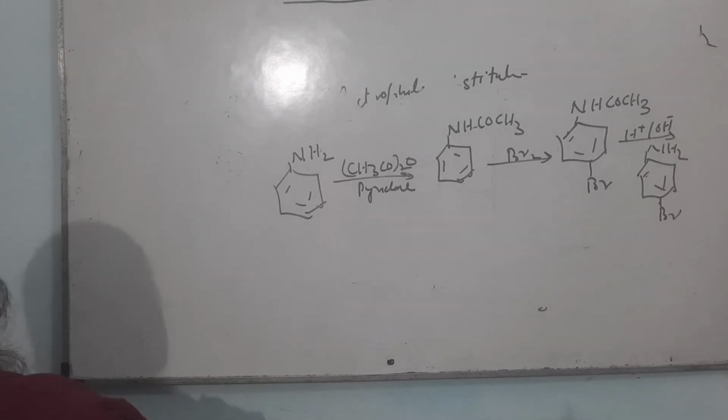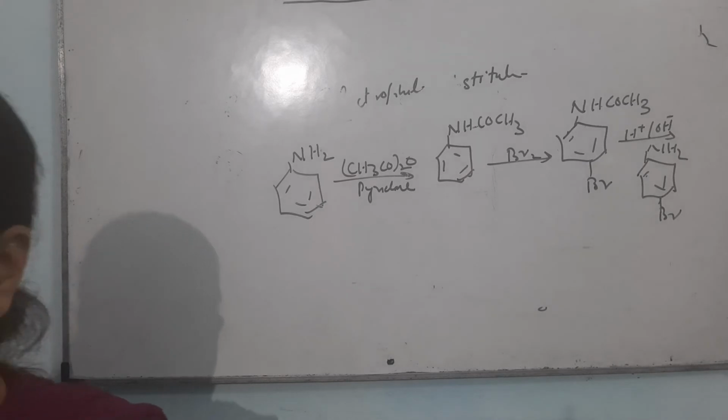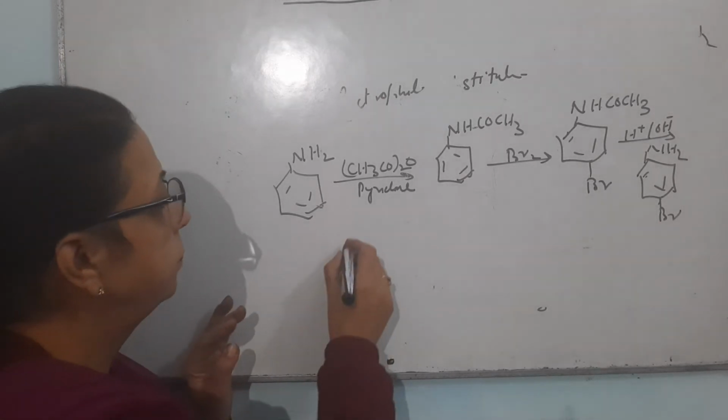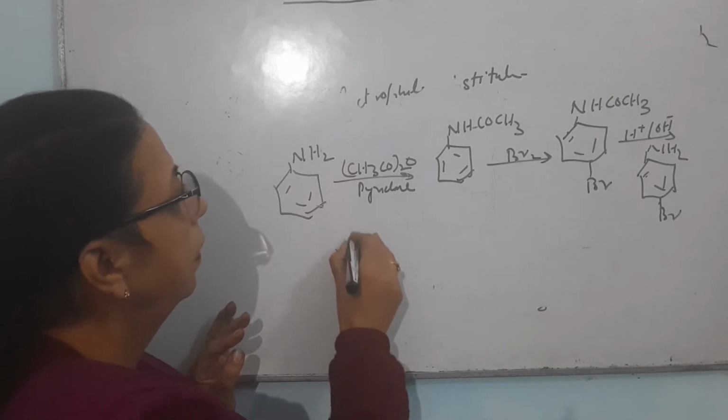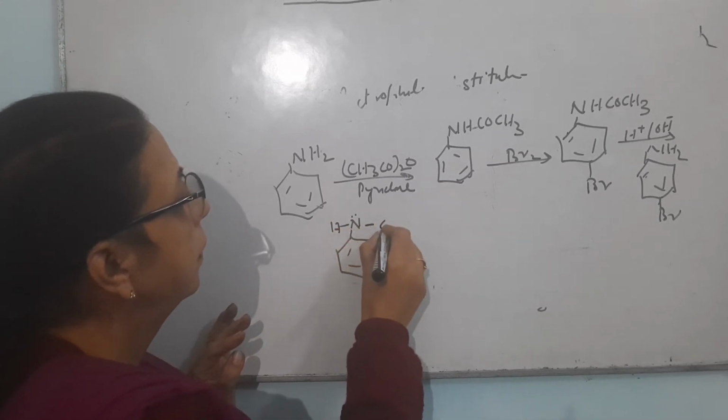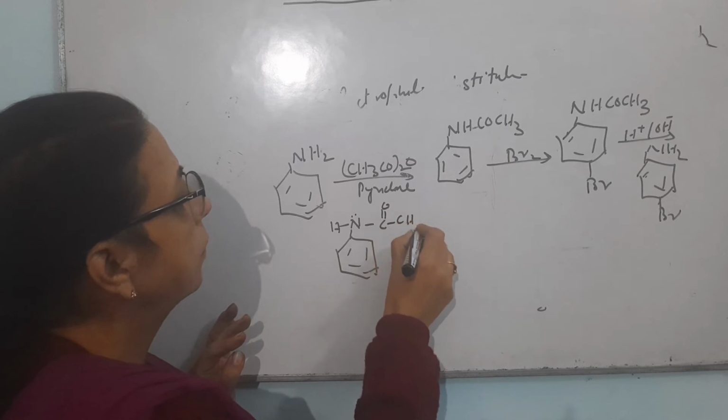When we want to get any mono-substituted product, in acetyl there is a presence of a carbonyl group. The lone pair of electrons will be taken only by the carbonyl group. So that is why that will deactivate the ring. The reaction will be taking place like this: N lone pair of electrons, H, COCH3.